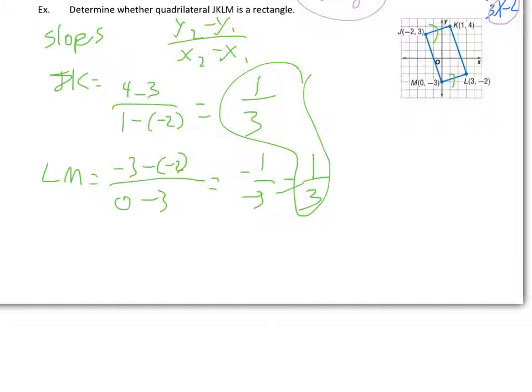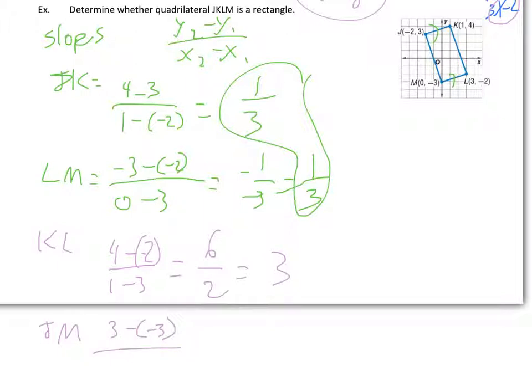Next up, let's look at KL. KL is going to be 4 minus 2 over 1 minus 3. When I do that, that would be 2 over negative 2, which would make that negative 1. Then we'll look at JM. JM would be 3 minus negative 3 over negative 2 minus 0.